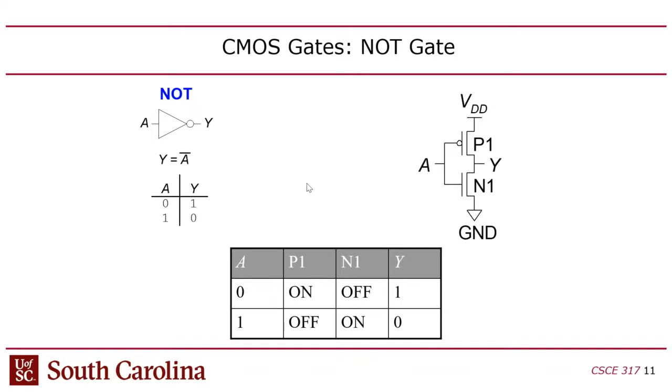Likewise, any row of the truth table that has a 1 in it has to have at least one input that is 0 to activate the PMOS in the pull-up network. So, for example, let's take a look at an inverter.